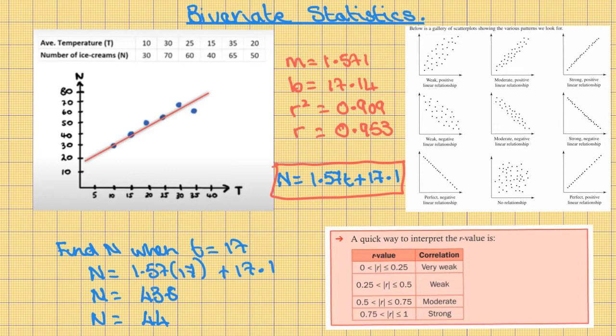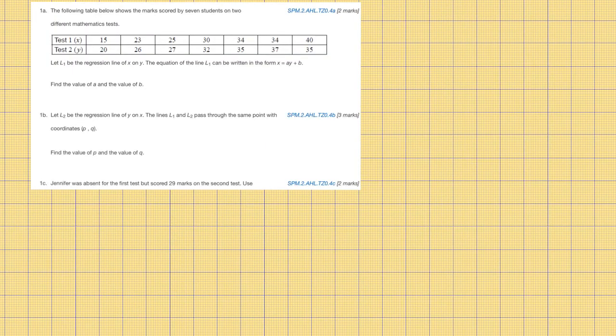And if the R value is between 0.75 and 1, it is a strong relationship. So in this case, our R value is 0.957, so we would class this as a strong relationship between the two variables. So we can quite confidently say there is a strong relationship between the temperature and the number of ice creams sold by this company. This is a typical IB question.